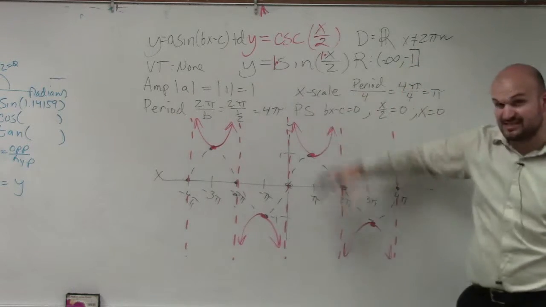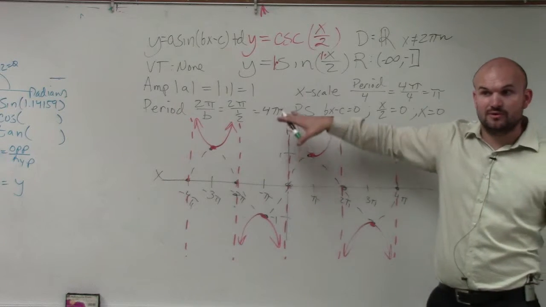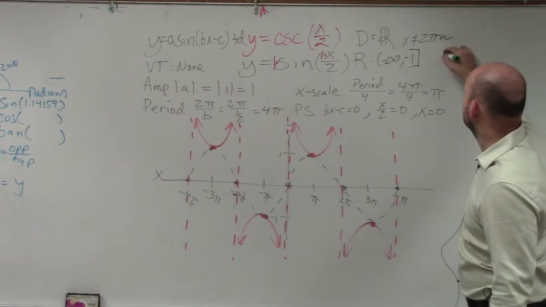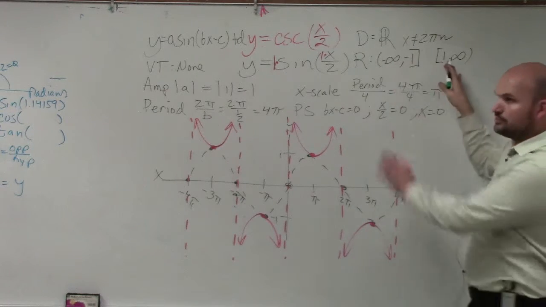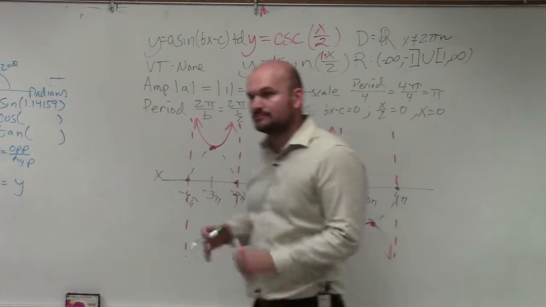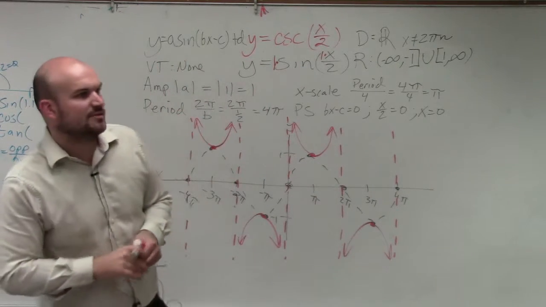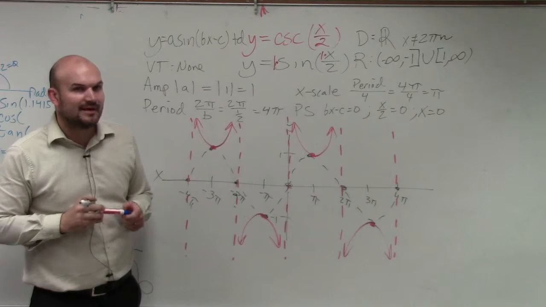Then, for the second part of the graph, how low does it go? 1 to infinity. 1 is a part of the graph, infinity is not. So these two parts are both your range, right? So we combine them with a union, just like we did with domain back in the day for rational expressions.